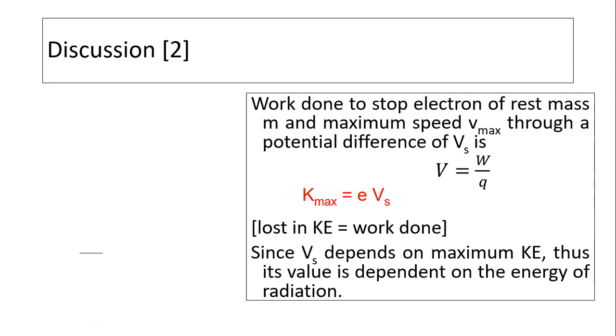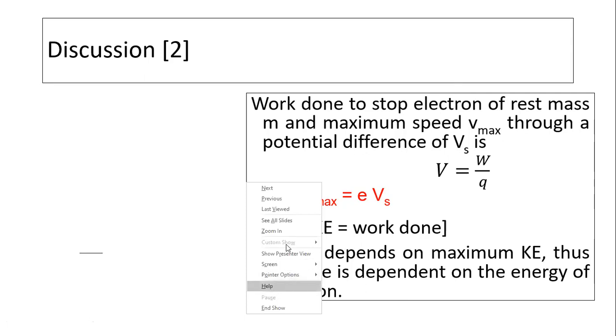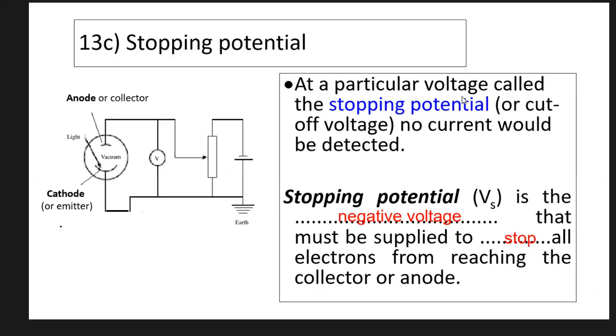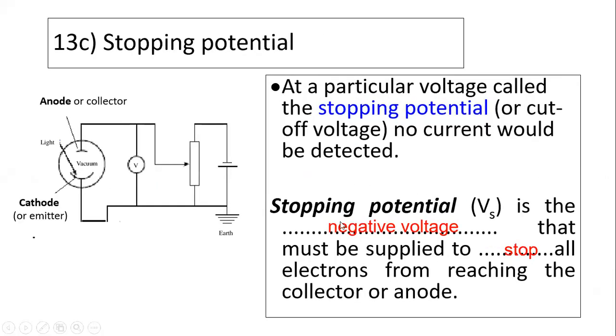Since Vs depends on maximum kinetic energy, its value is dependent on the energy of the radiation. Okay, that's all. Memorize this formula. And now, what is stopping potential?